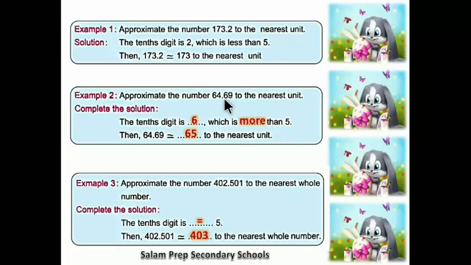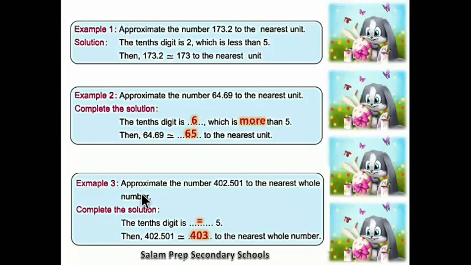Digit 6 in tenths place is greater than 5. So we will add 1 to digit 4 in units place. The tenths digit is 6, which is more than 5. Then 64.69 is approximated to the nearest unit 65. The answer will be 65.